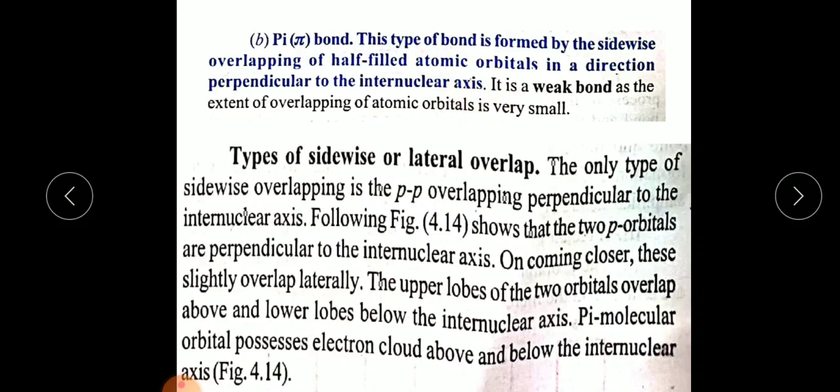The overlapping will take place only sidewise, perpendicular to the internuclear axis. It is a weak bond as the extent of overlapping of atomic orbitals is very small. It is a very weak bond compared to sigma bond, since the overlapping is sidewise and the extent of overlapping is not maximum.